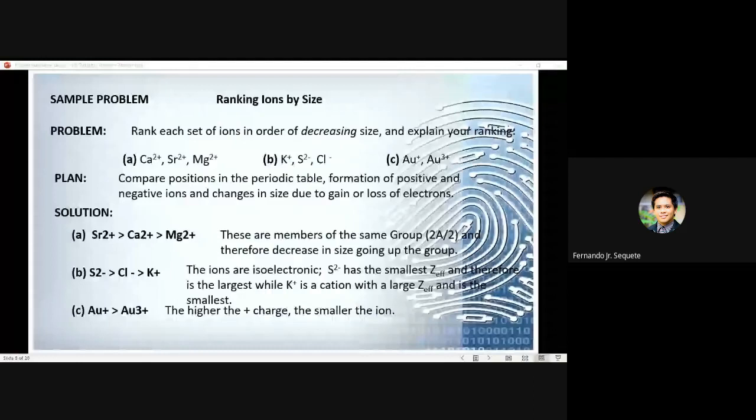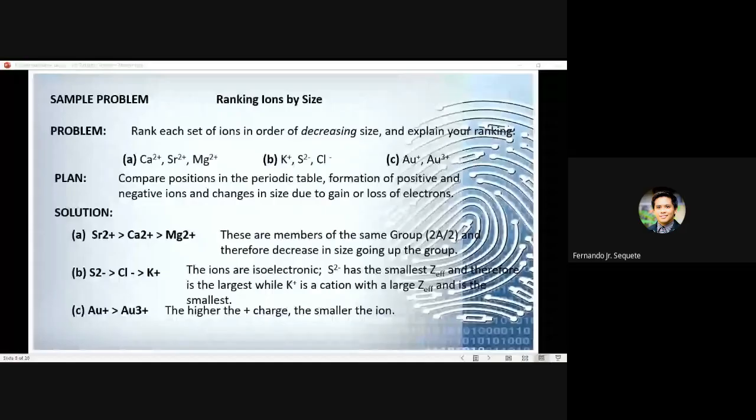Okay? Therefore, meron tayong idea, please take note, children, that when it comes to ionic size, top to bottom is increasing, bottom to top is decreasing. Ganun siya. So, ionic size, top to bottom, increasing, bottom to top, decreasing.